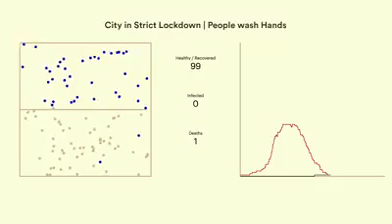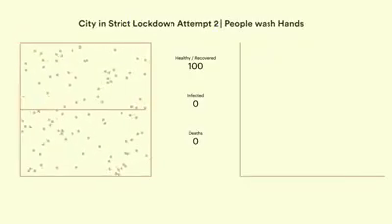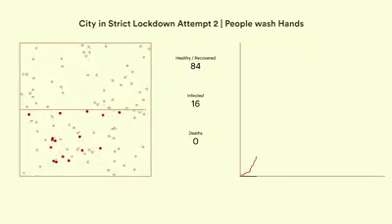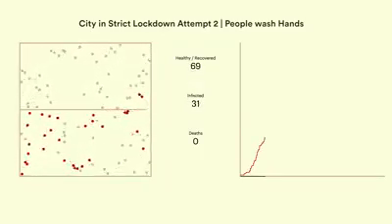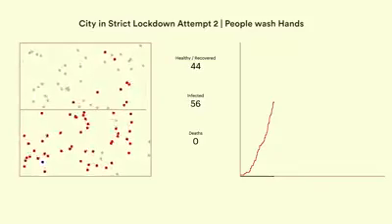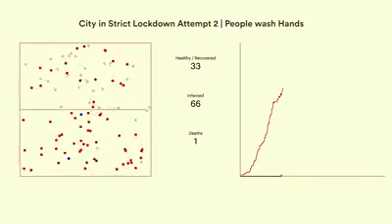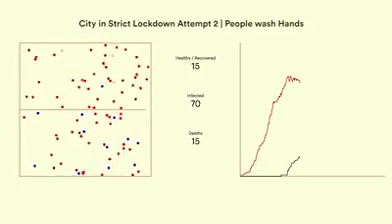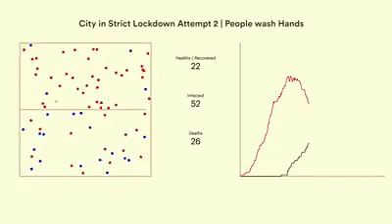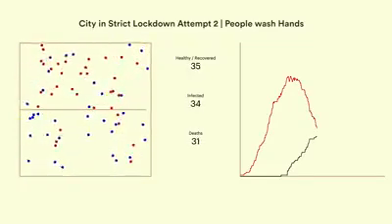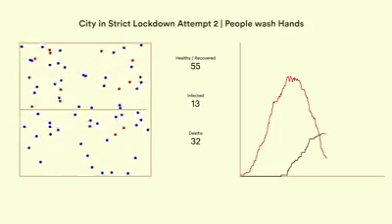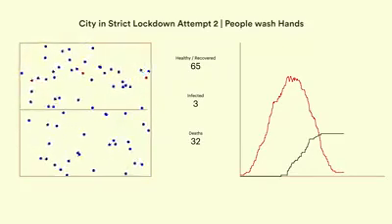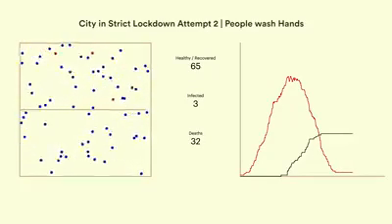But wait, what happens if we run the simulation again? So in this run, despite the same setup with just one person escaping the lockdown, we see the deaths again rise to 32%, meaning lockdowns can be broken easily.